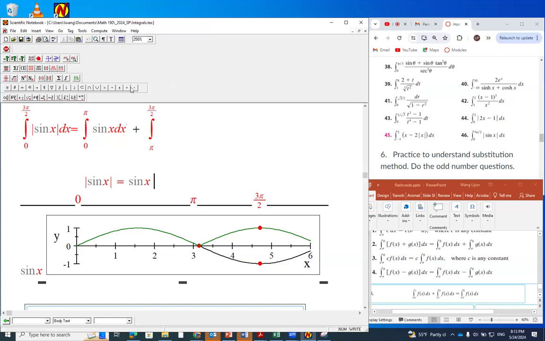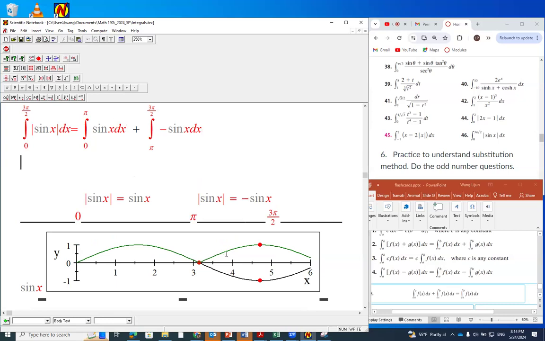No change, we just drop the absolute value. In the next interval, the absolute value of sine x is negative sine x. Let me make this a little bit larger so it covers. All right, so that's the splitting of the interval. In the second part, it's just going to be negative sine x dx, and we were applying this property number 4.